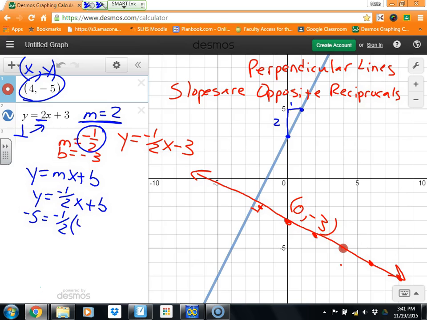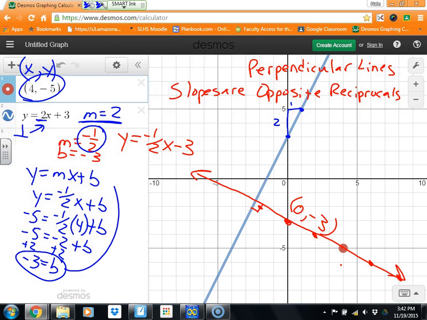Plug in 4 for x. Now solve for b. So simplify. Solve for b. And we get negative 3 just like we got graphically. Perfect. So then we can rewrite the equation y equals negative half x minus 3. So same thing either way. You should understand what you're doing on the graph and also be able to work through that algebraically.